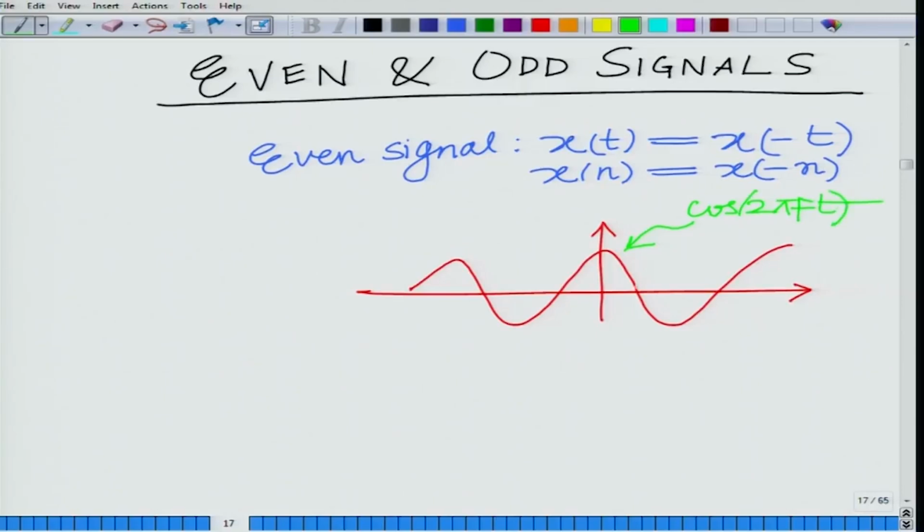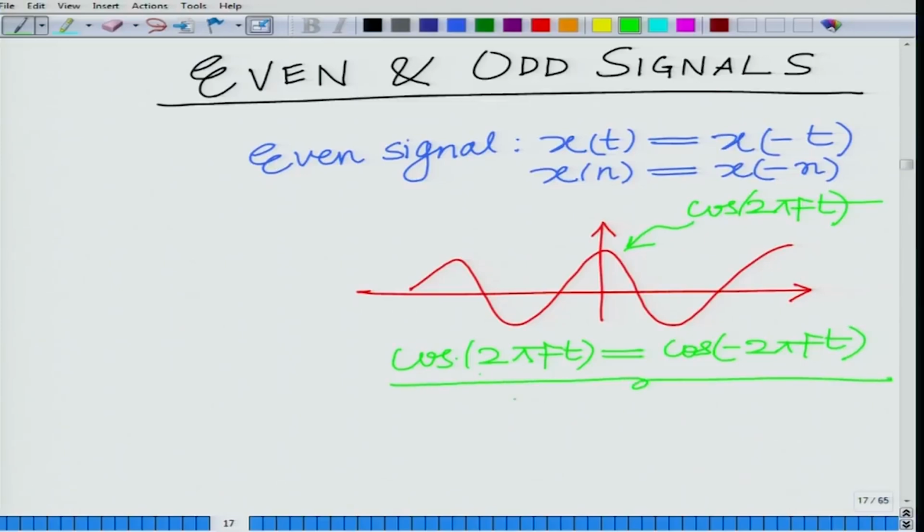This is an example. You can see that cosine 2 pi f t equals cosine of minus 2 pi f t, and this is a classic example of an even signal.